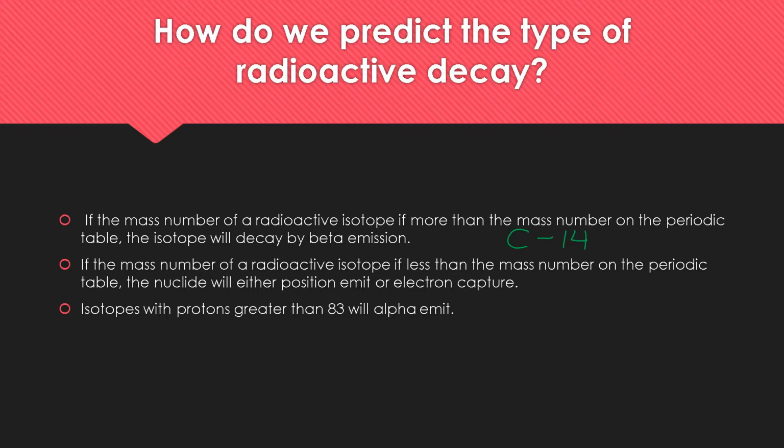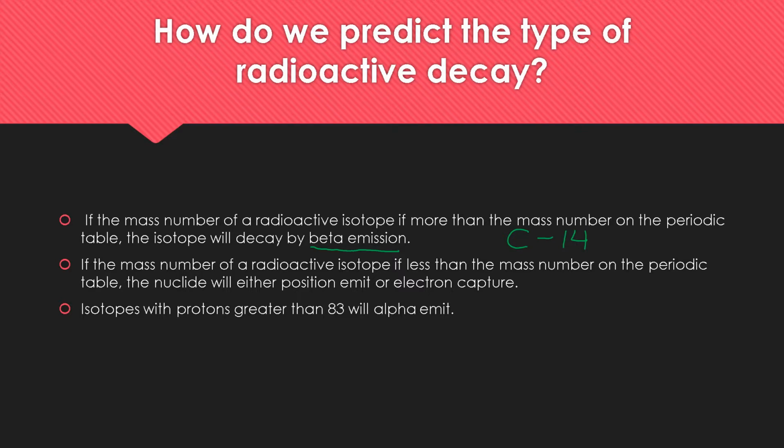Now 14 is greater than 12.01, so we know that this will decay by beta emission. Next, if the mass number of a radioactive isotope is less than the mass number on the periodic table, the isotope will either undergo positron emission or electron capture.